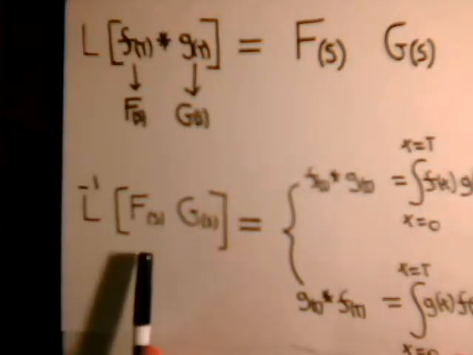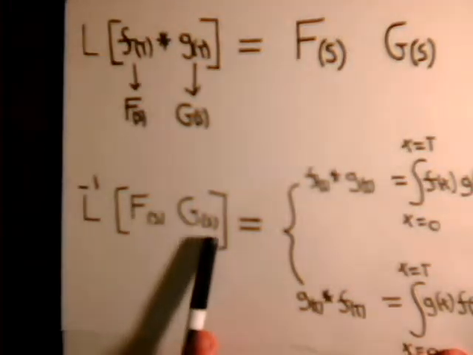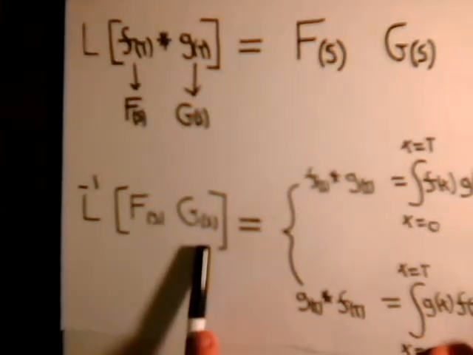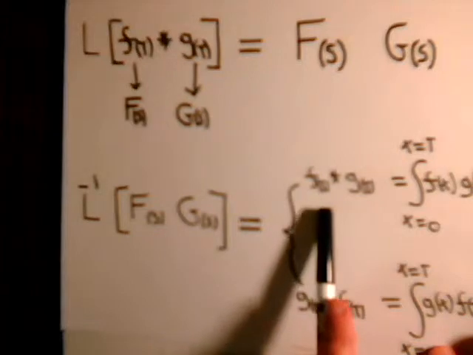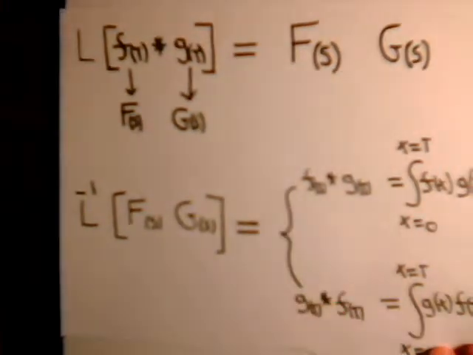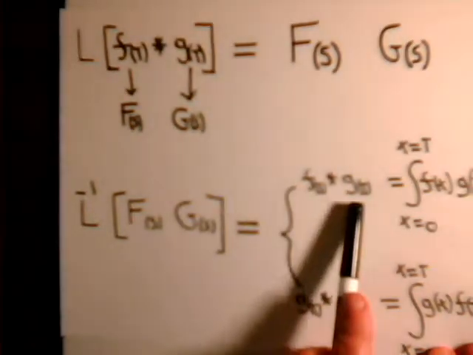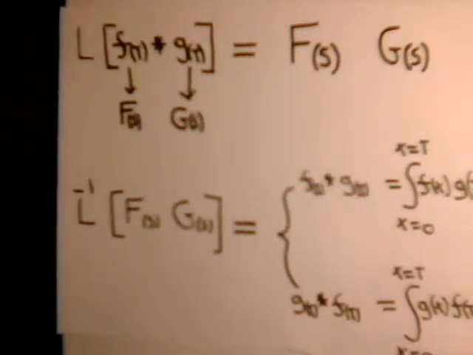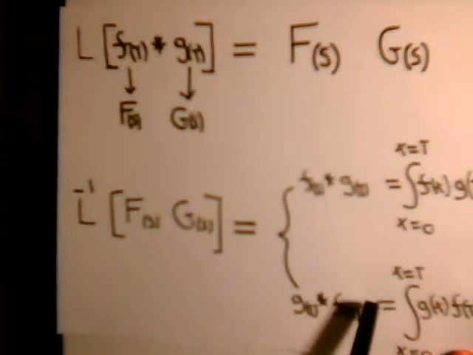So if we have two Laplace transforms, we multiply them together, take their inverse Laplace transform, that does not equal f of t times g of t, it's equal to the convolution of f of t and g of t, either written in this order or in this order. Again, we won't demonstrate it, we will prove this in a future video.